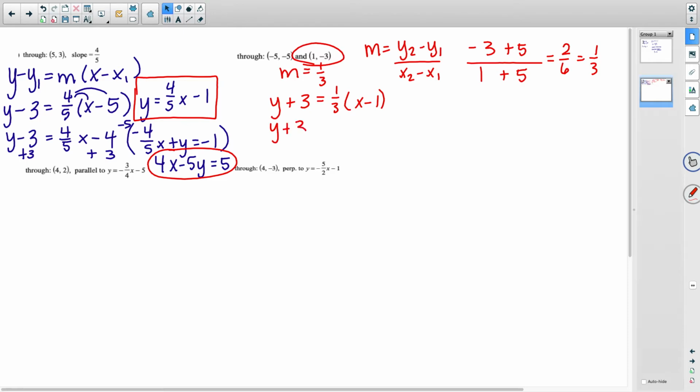Distribute the 1/3. And then we're going to subtract 3 from both sides. And you're going to get y equals 1/3 x minus 10 over 3.